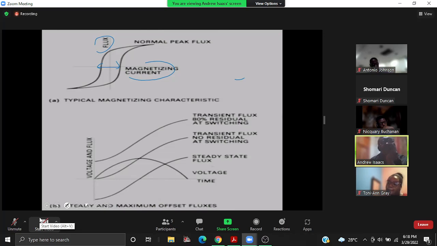And the length is supposed to give you the coercive force, and that is the amount of current applied in the reverse direction to wipe out the flux, to bring the flux to 0.